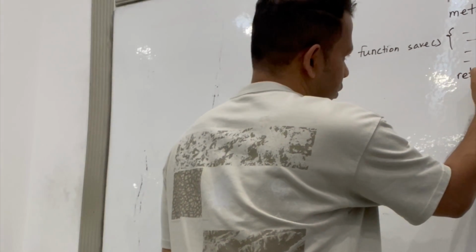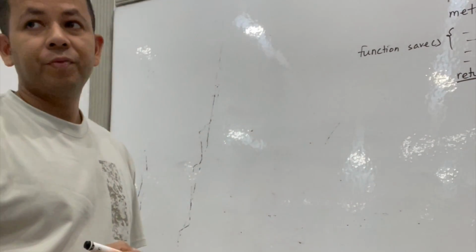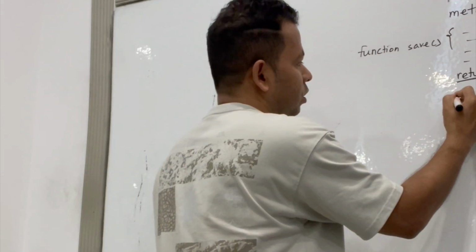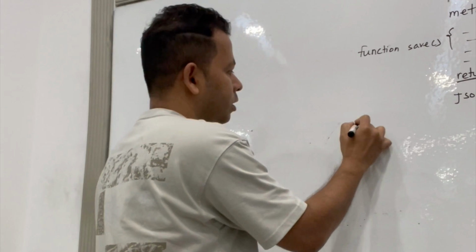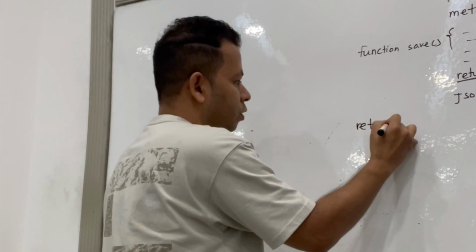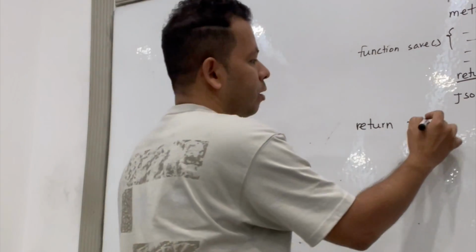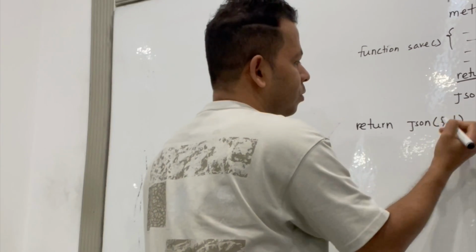So it'll have a return keyword, and in general, it might return JSON. It may look like this: return JSON, and then it will have brackets inside, and inside this, something.